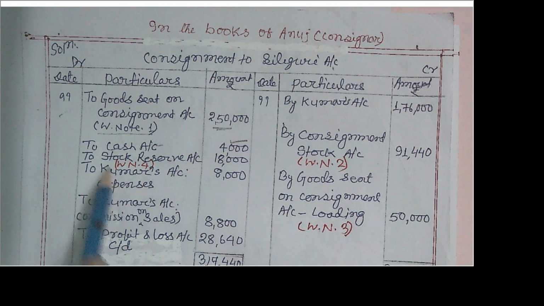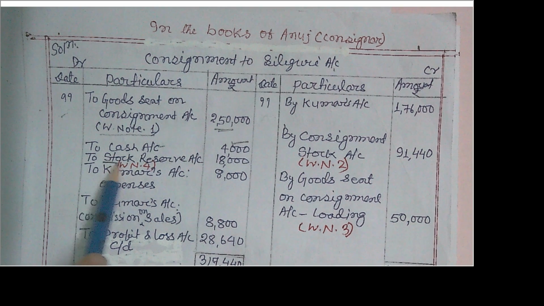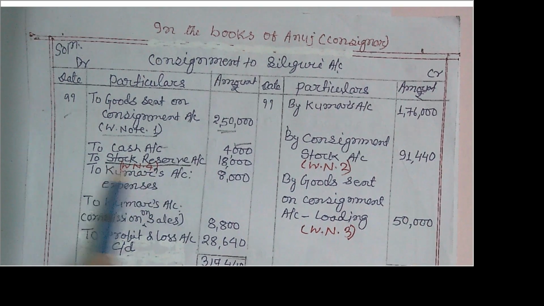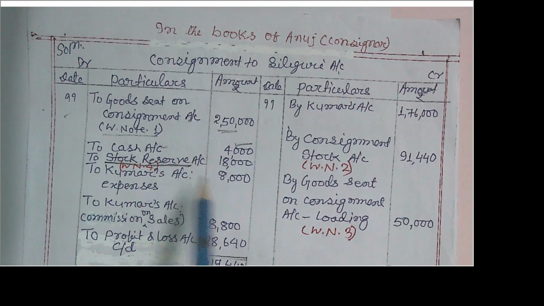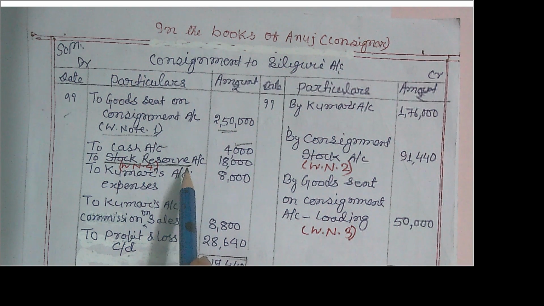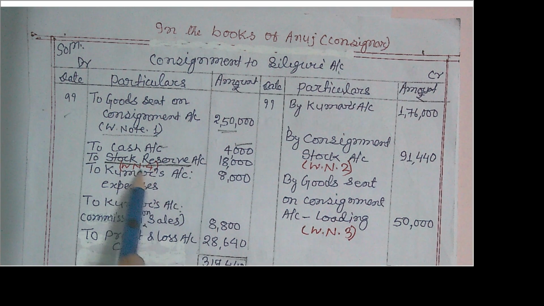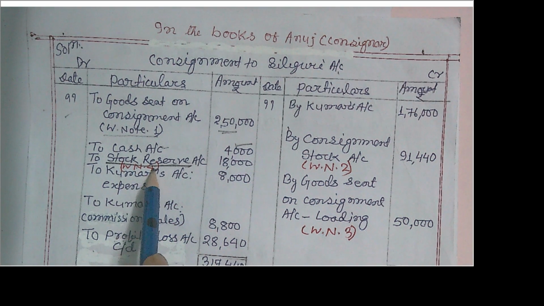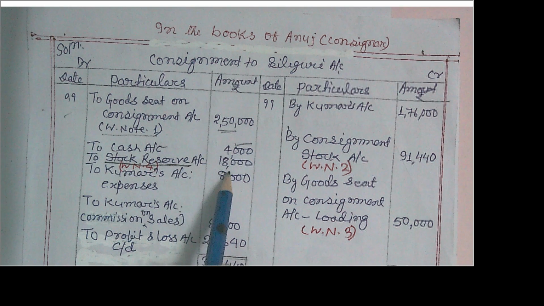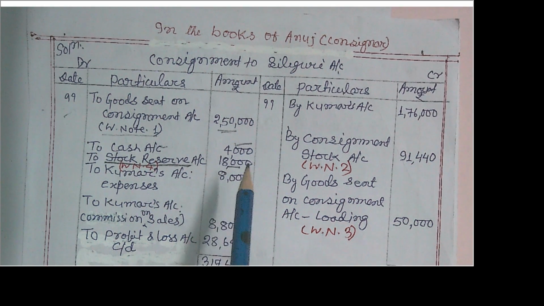Then here you see the stock reserve account. That is the stock reserve lying on the consignee's stock, and what extra price was added on it is given in working note number 4. Under working note number 4, this 18,000 amount is shown.